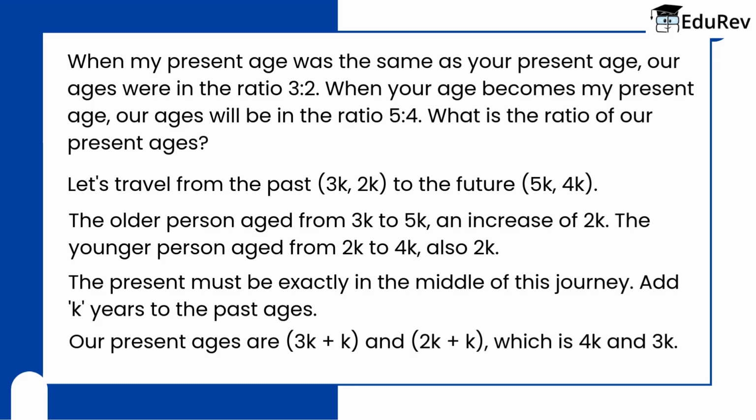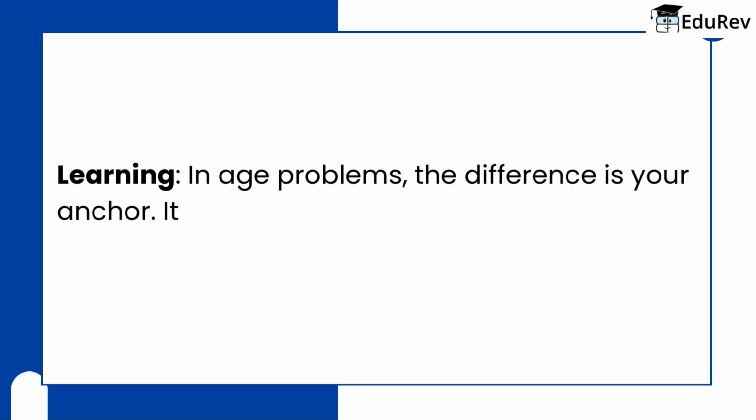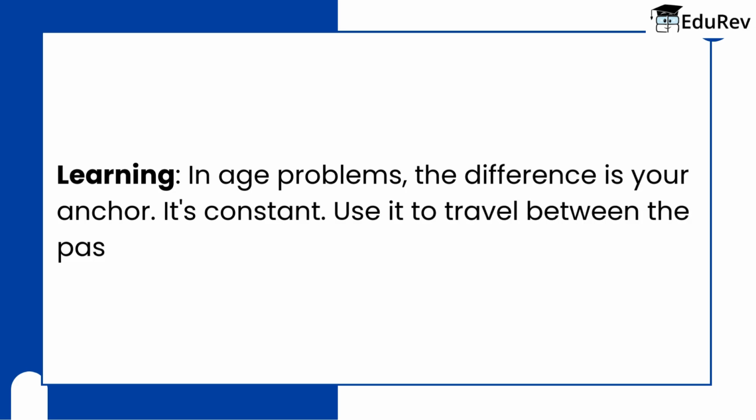Our present ages are 3K plus K and 2K plus K, which is 4K and 3K. The ratio is 4 to 3. So our learning from this is, in age problems, the difference is your anchor. It's constant. Use it to travel between the past, present, and future.